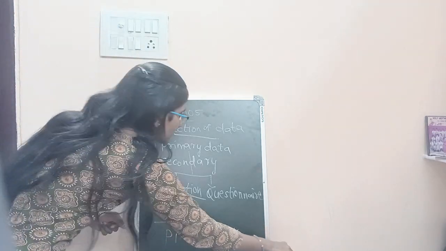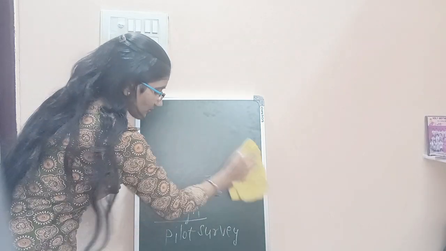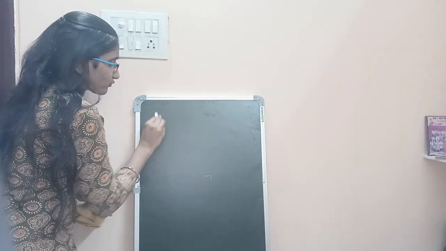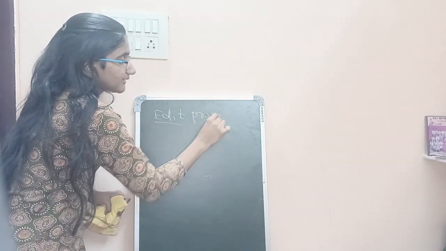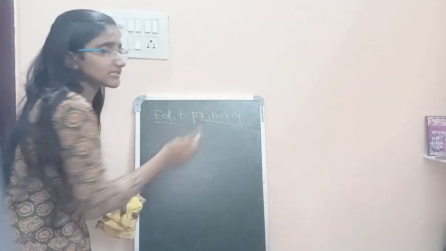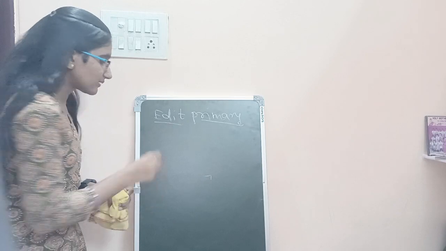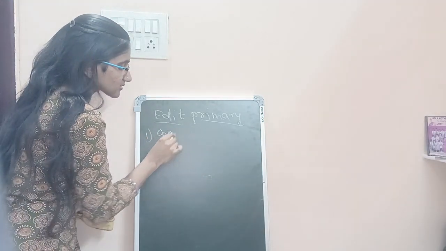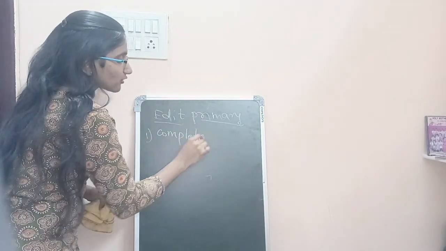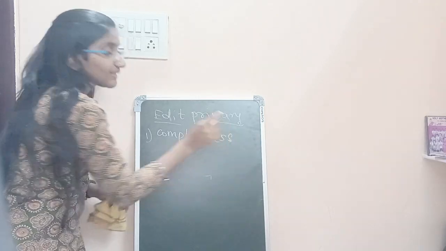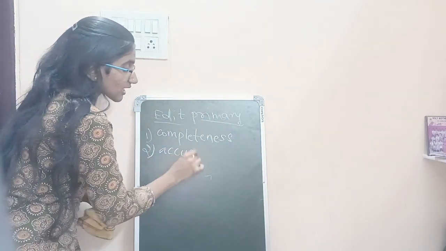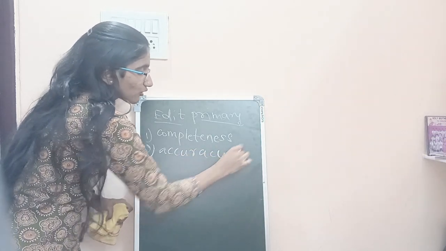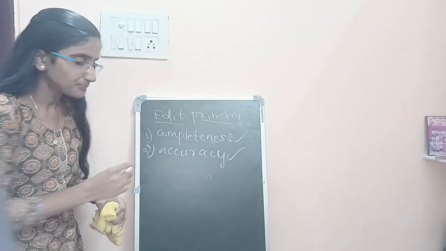So let's see how you are going to edit primary data. When you are editing the primary data, there are certain things that you need to keep in mind. First thing, whether the data is complete or not. That is completeness. Whether the given data is accurate or not, you check for accuracy.